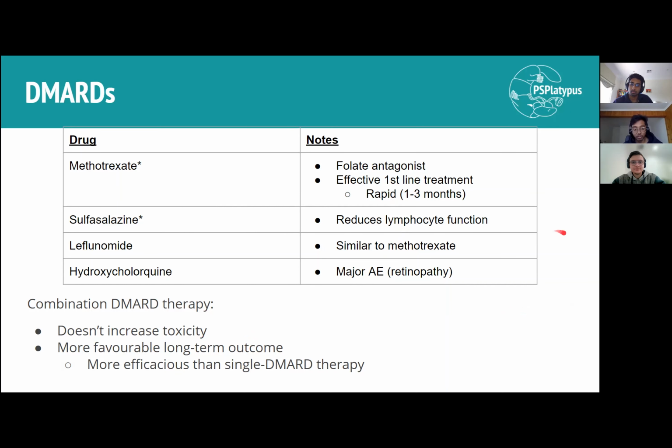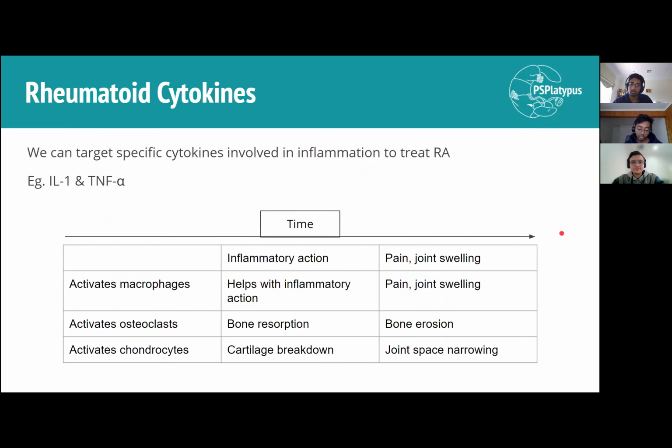So it's pretty useful. All right, so there's another way that we can target rheumatoid arthritis, and this is through the idea of targeting cytokines. We've got a bunch of different cytokines involved in specifically inflammation in rheumatoid arthritis. For example, we've got IL-1, interleukin-1, and tumor necrosis factor alpha, or TNF-alpha. Essentially, these cytokines do a bunch of different things that lead to what we see in rheumatoid arthritis.